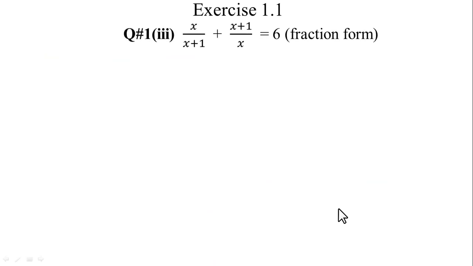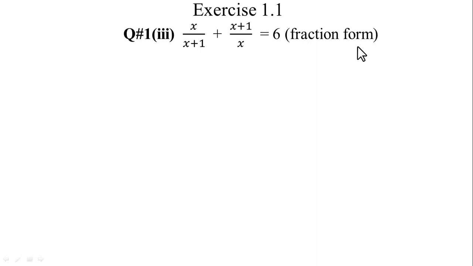Now let's start question number 1 part 3. In part 3, question number 1, x upon x plus 1 plus x plus 1 upon x is equal to 6, in the fraction form. So first of all, change the equation.